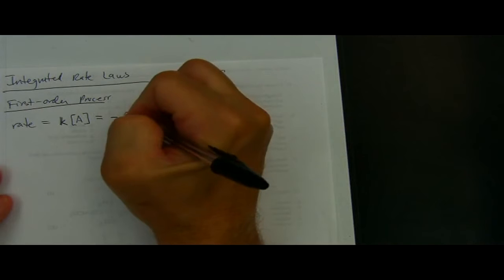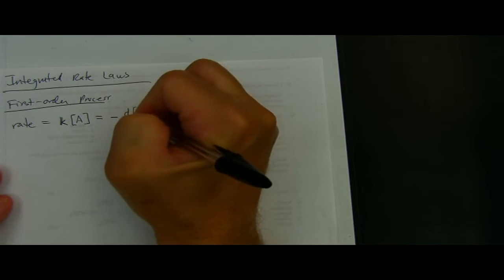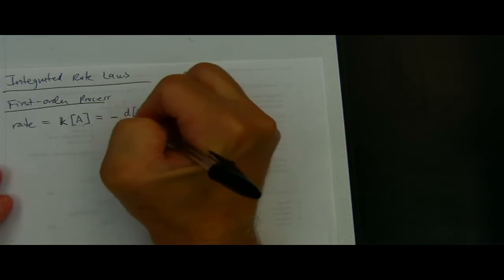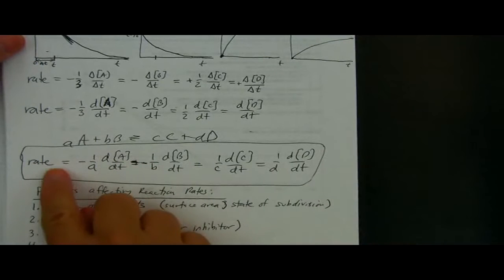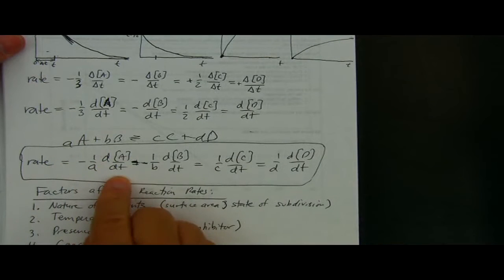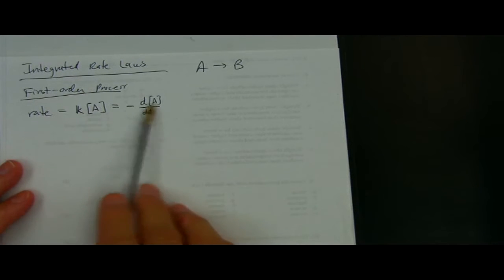Then the rest would be dA/dt. That's the way we define it. I don't know if I still have my notes. Yes, I do. We did this stuff and came up with the definition of a rate: minus 1 over a, dA/dt. So that's how we define that rate. First order, and that's the rate. Rate equals that, k times A.